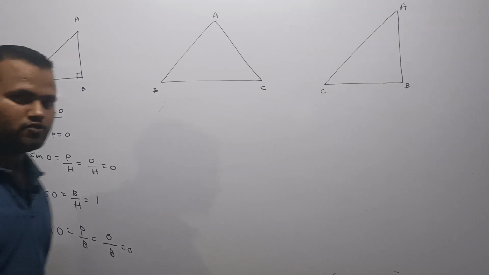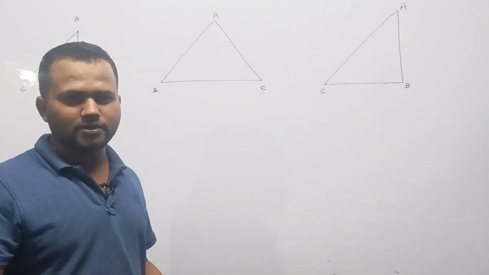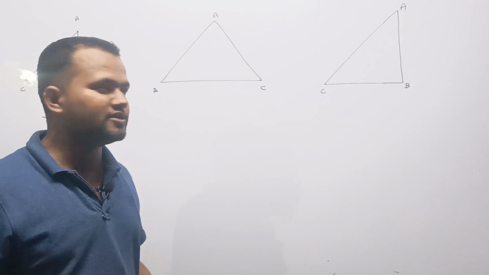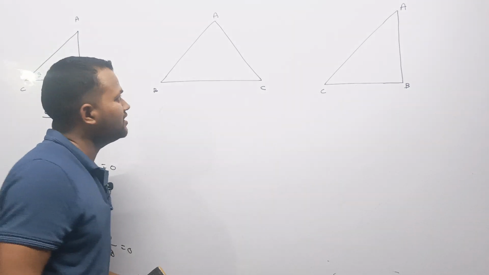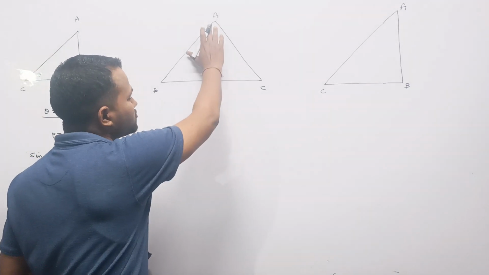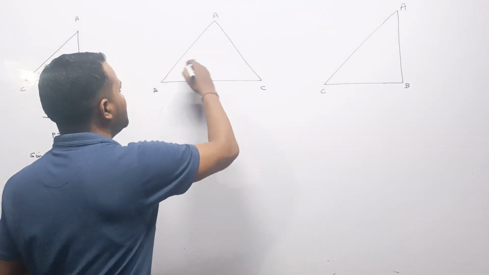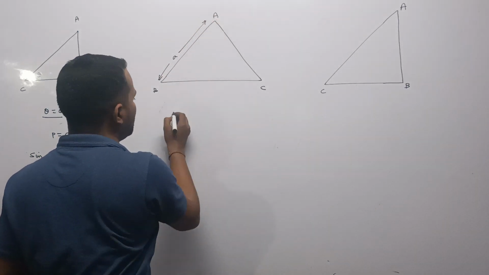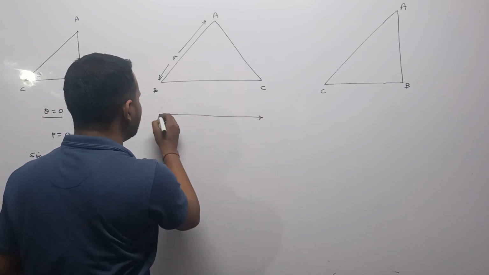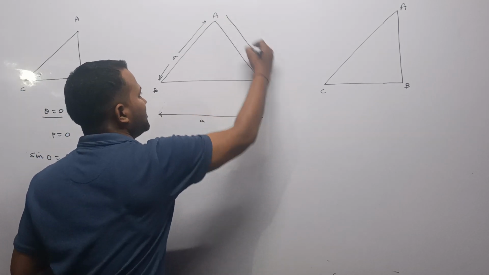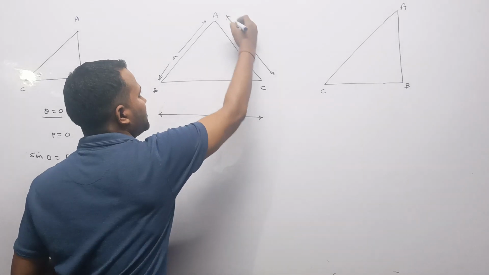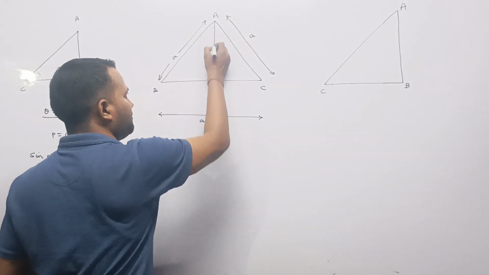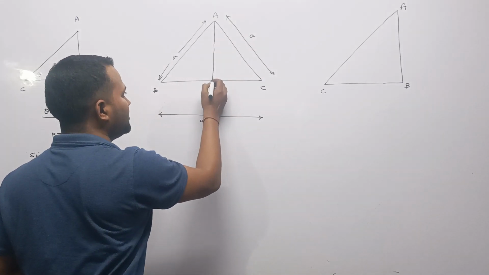Now moving to the values of sine 30 and the 30 degree and 60 degree angles for all the T ratios. For this purpose, let's draw an equilateral triangle ABC whose side length is A. Since it is an equilateral triangle, all sides have length A. Now let's draw a perpendicular AM over BC.